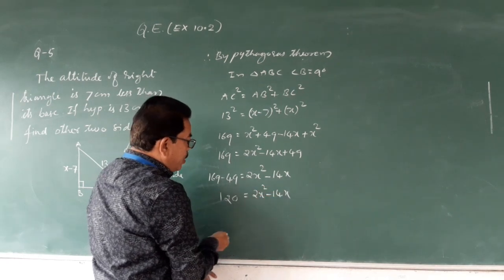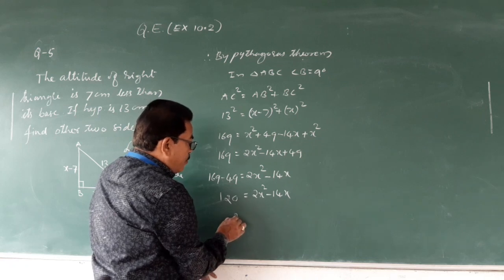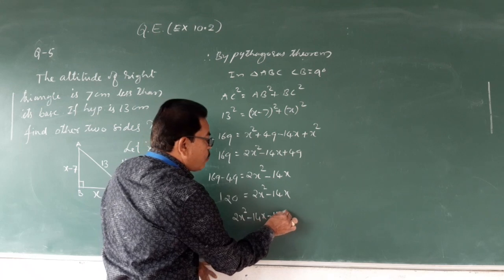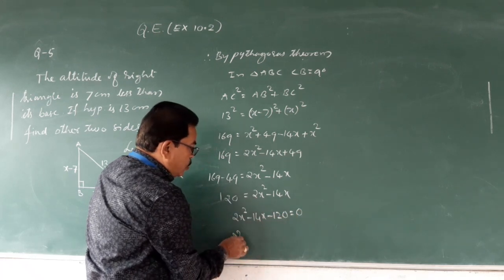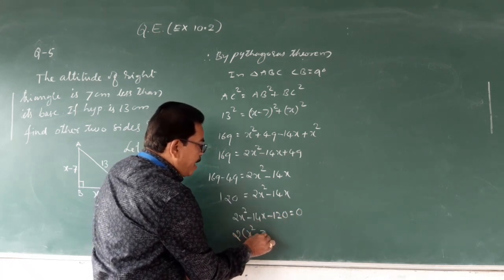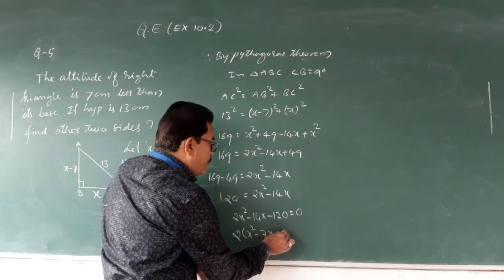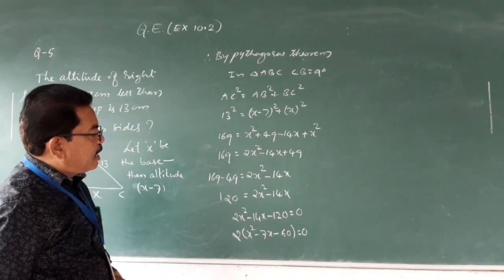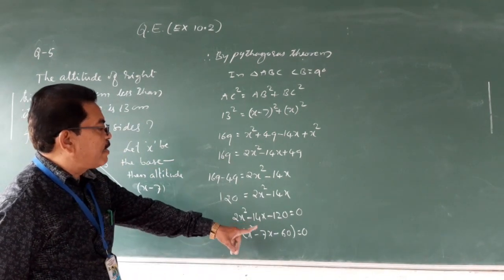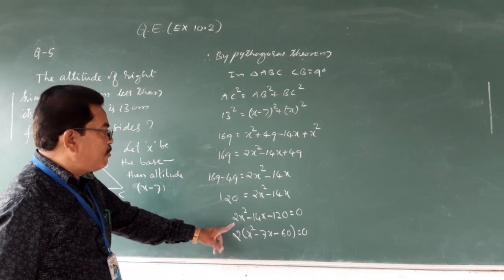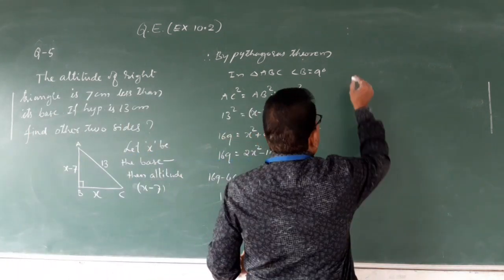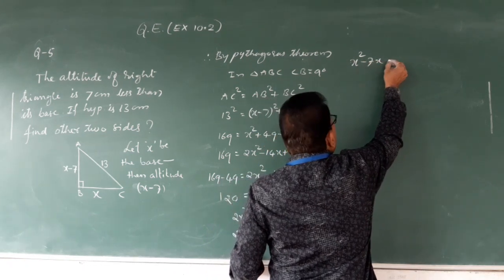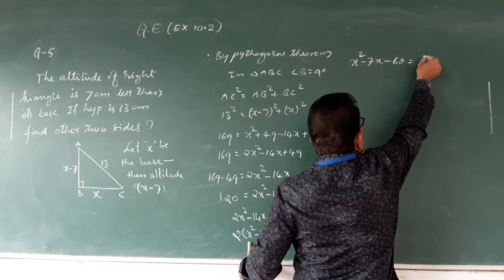Let us bring it into standard form, that is 2x square minus 14x minus 120 equals 0. 2 in the bracket, x square minus 7x minus 60 will be the quadratic format. 2 is a common term, leave that one. Now consider x square minus 7x minus 60 equals 0.